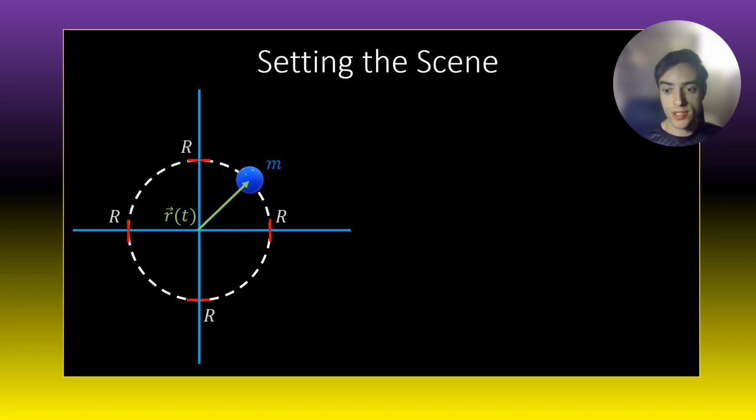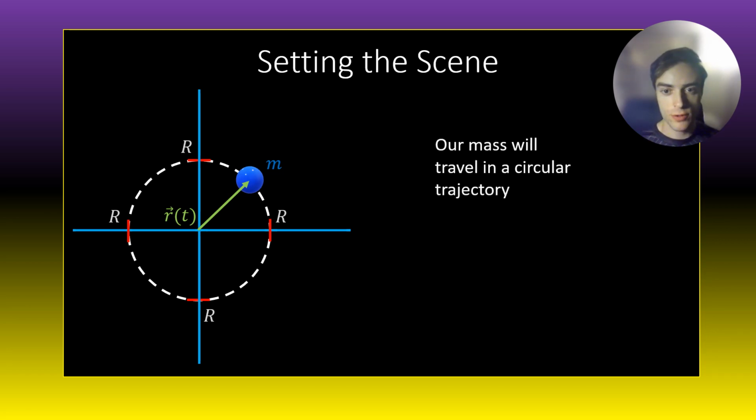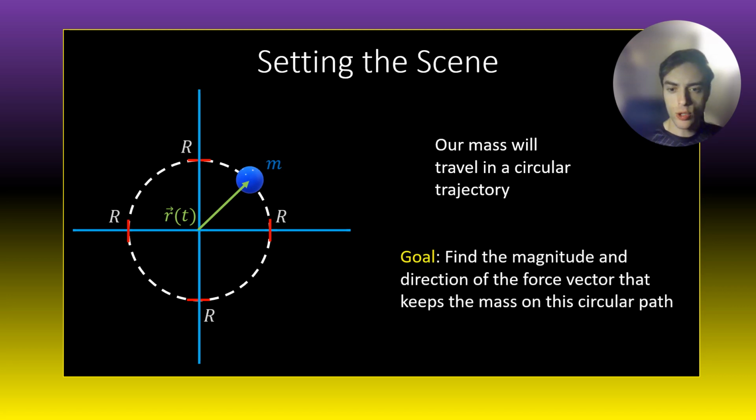This is a particle mass, so it acts as one absolute unit, and the mass of this object is m. So our mass will travel in a circular trajectory at all times, and so the goal is to find the magnitude and direction of the centripetal force vector, which is the vector that keeps the mass on this circular path at all times.